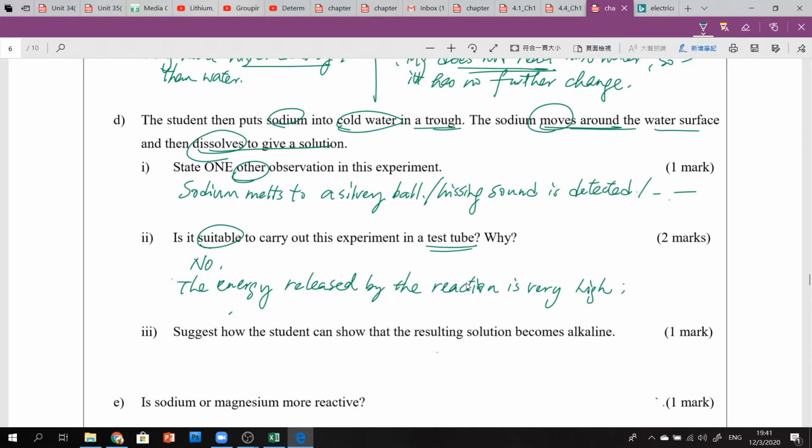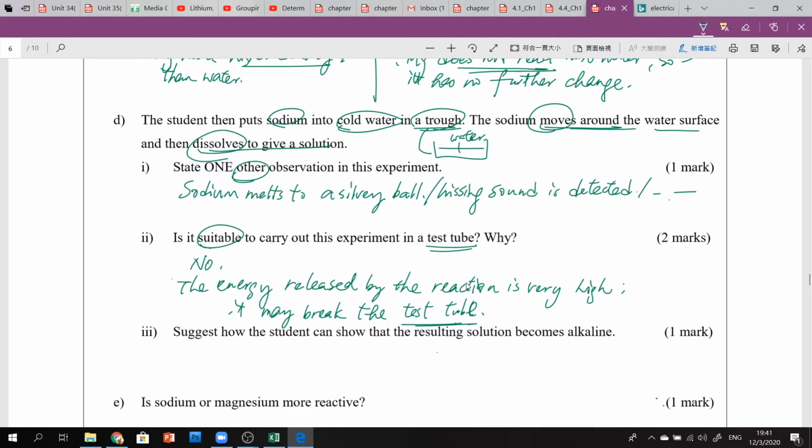So you may break the test tube. So that's why the reaction is carried out in a very large amount of water. We call it a trough. Okay, 水槽, a type of large container. Okay, a water trough.